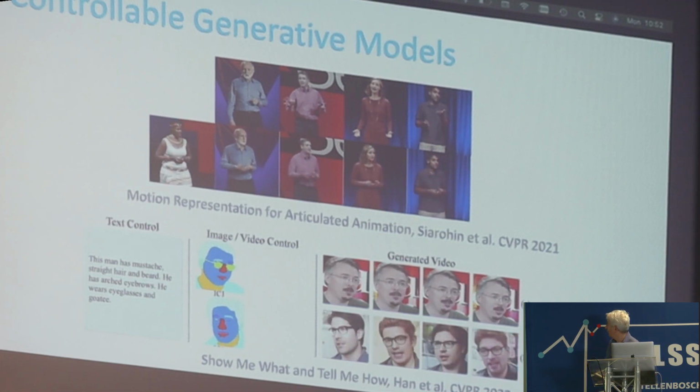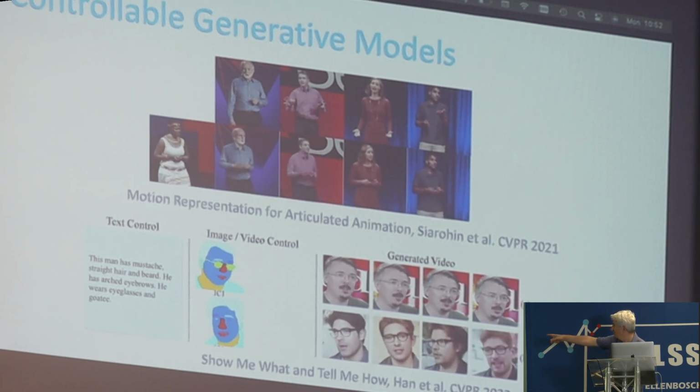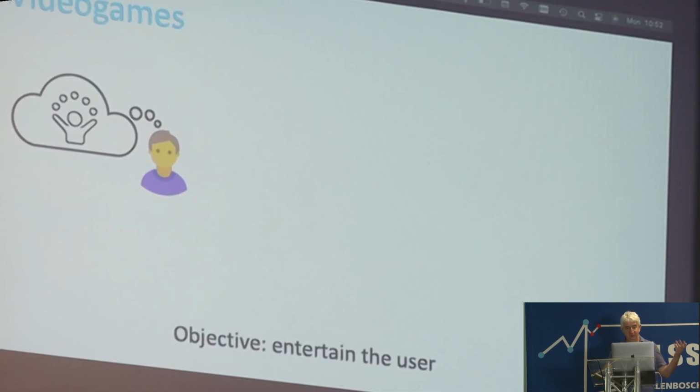So this is what we had so far. You had, for example, a TED talk, somebody saying something, and then generating the video of the same person. Or you can also use some text control, and you generate the video based on what you obtain there in the text control. But then you want to go even further. You want to entertain the user, for example.